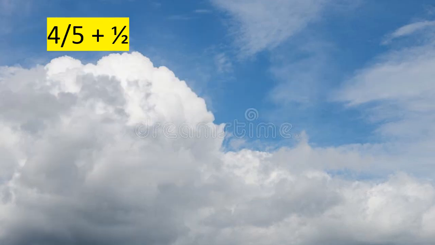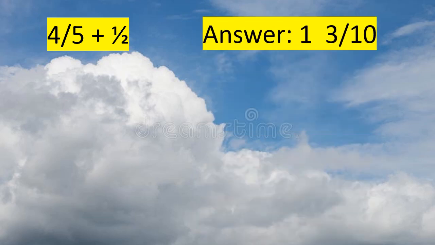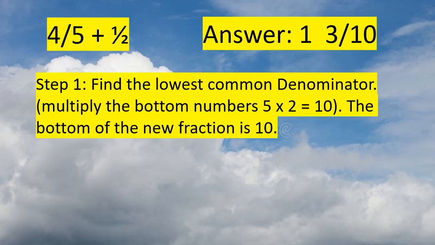Next one, 4 by 5 plus 1 by 2. And the answer, 1 and 3 by 10. Step 1, find the lowest common denominator. So we multiply the bottom numbers, 5 times 2, and the answer is 10.